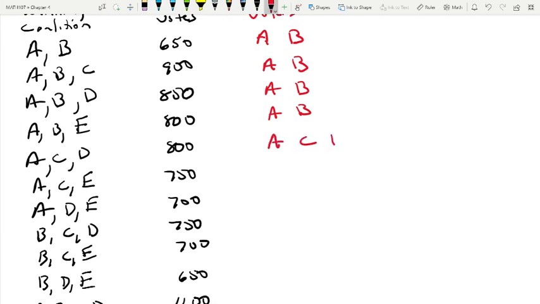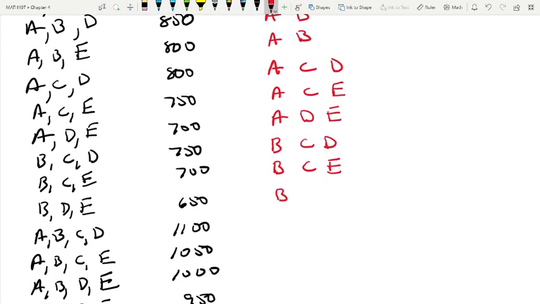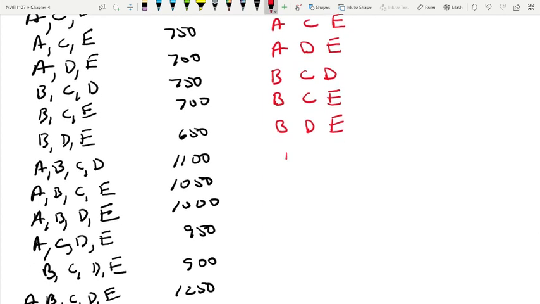So this one is A, C, and D. This one is A, C, E. This one is A, D, E. And let's see, then we got B, C, D, B, C, E, B, D, E. And the next ones, none of those are critical, because there would still be enough to be above that number needed.